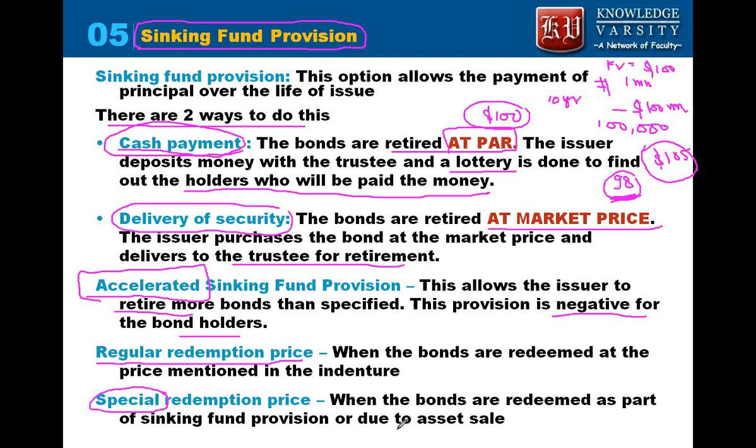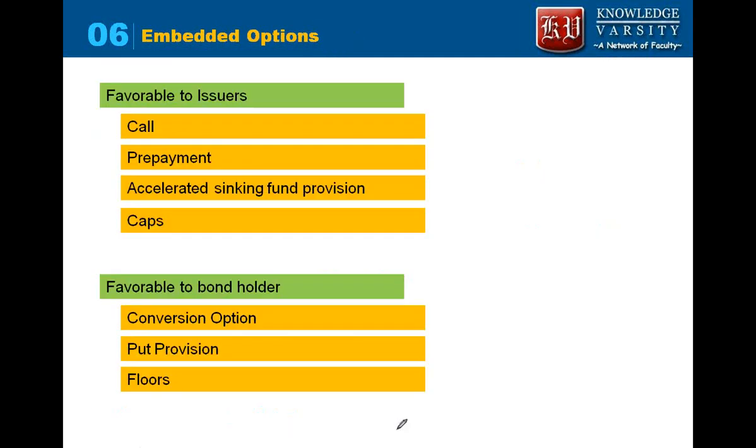Now we have seen that there are provisions like the sinking fund provision and other provisions through which the bonds can be retired before their maturity date. So these are embedded options.